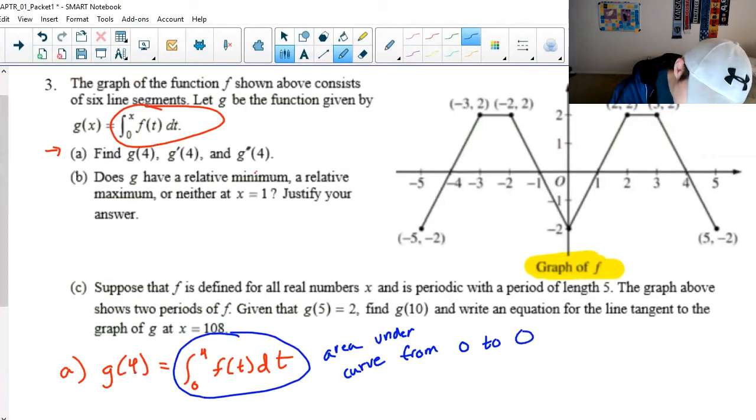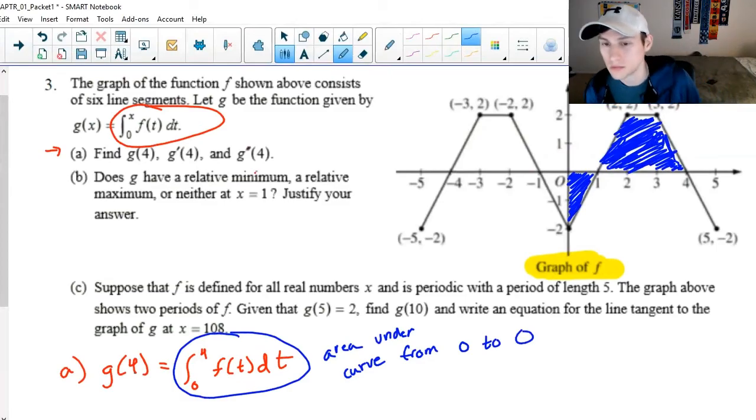So that would represent this area and this area, from 0 to 4.